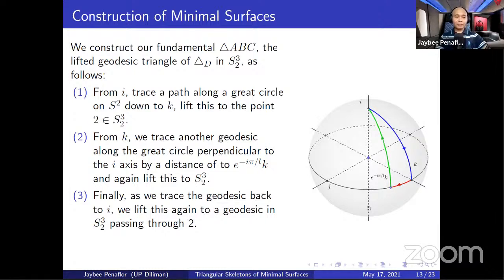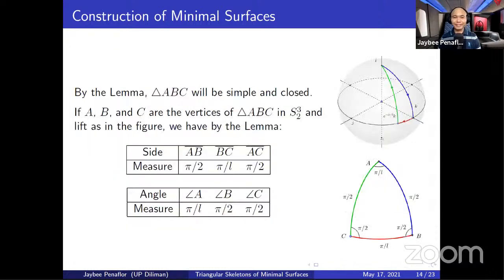So now, by the power of lemma 2.4, we know for a fact that the lifted triangle ABC will be simple and closed. In order for us to see the properties of ABC and the side and angle relationships, I've colored the sides of ABC to correspond to the geodesics that compose our triangle D in S^2.